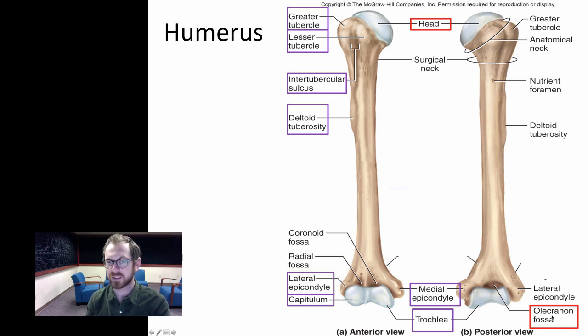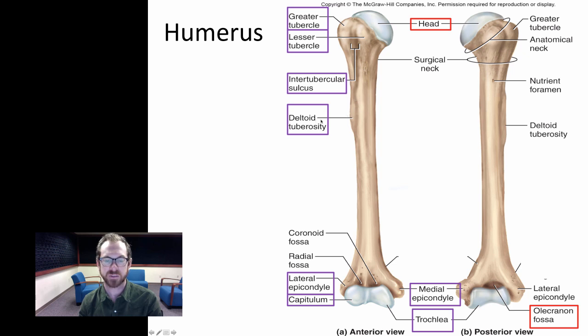Remember from that translation sheet a couple slides back, a fossa is just a depression in a bone. All right. Now we're showing the anterior view here, and on the anterior view we've got a couple of important features. The first is this deltoid tuberosity.